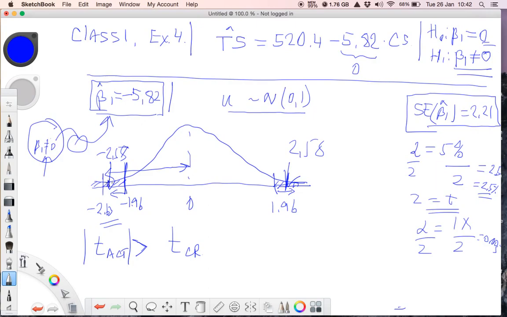And again, our actual value lies beyond this point, and somewhere here is our 2.63, the t actual that we calculated. So we again reject the null hypothesis. So at the 1% level, the decision is that we have even stronger evidence against the null hypothesis. So that's it with hypothesis testing, basically.